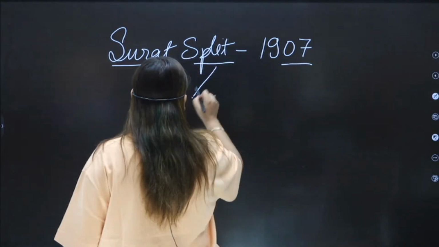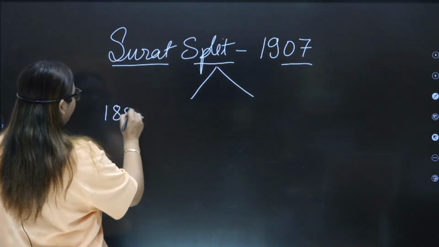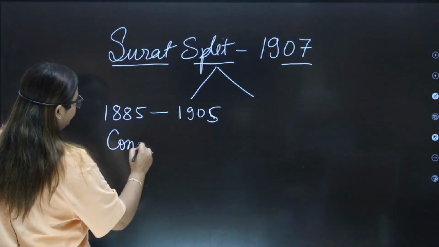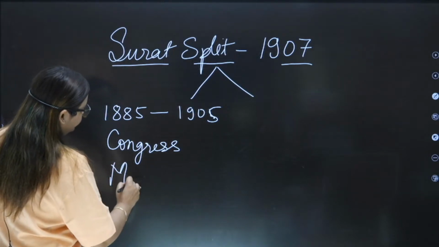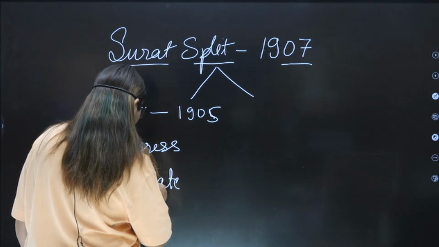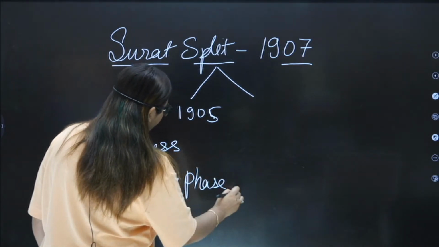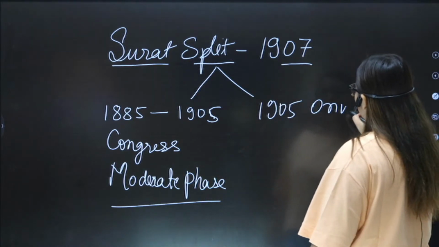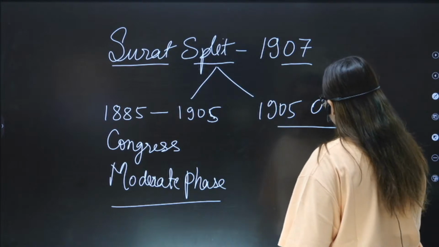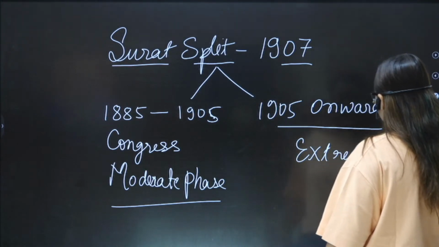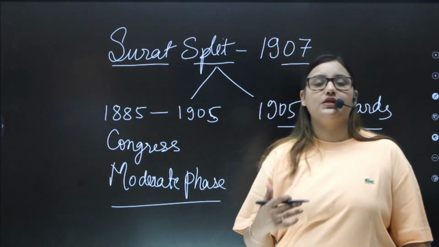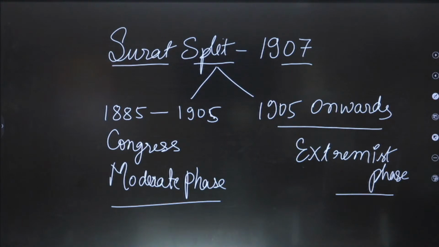So the problem was that from 1885 to 1905, Congress had a moderate phase in which they only used to do prayer, petition, and plead. But after 1905 onwards, we saw an extremist phase in which many leaders started going extra constitutional to protest against the Britishers. Okay, I hope you remember this, which we have covered.